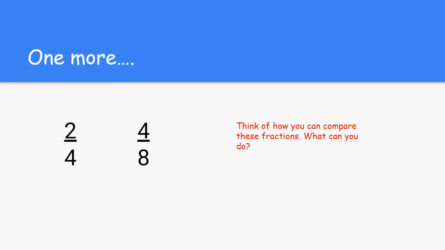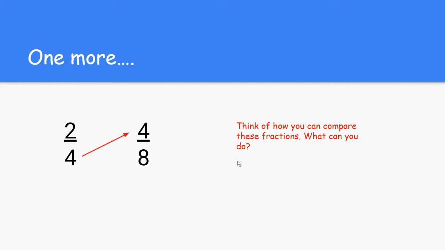Okay, let's do one more. All right, we have 2/4 and 4/8. And right away, I want you to think, how can you compare these fractions? What can you do? Numerators are different. The denominators are different. So let's use that strategy that we use today of cross multiplying.